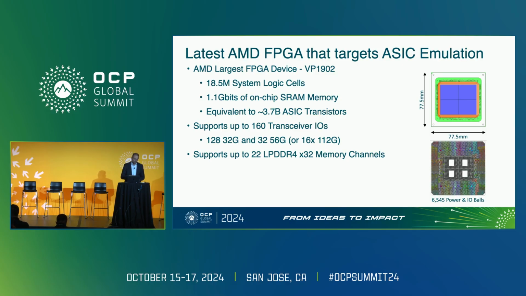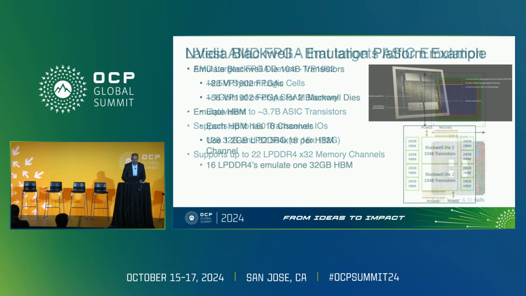They also support 160 transceivers of I/O on this module, split into 128 32 gig transceivers and 32 56 gig. And they can support up to 22 LPDDR4 memory channels. So this is our building block of the device that we're building an HPCM module with.